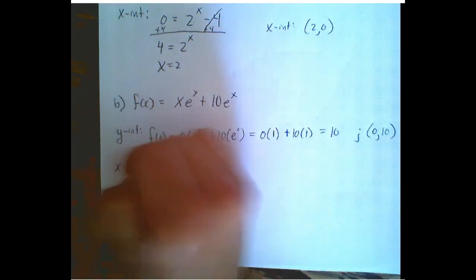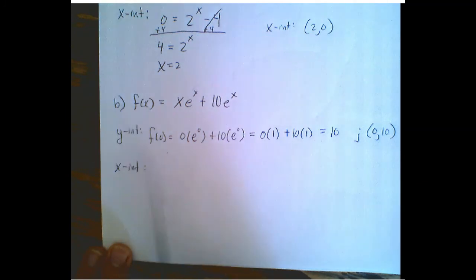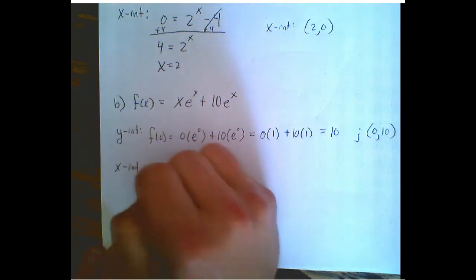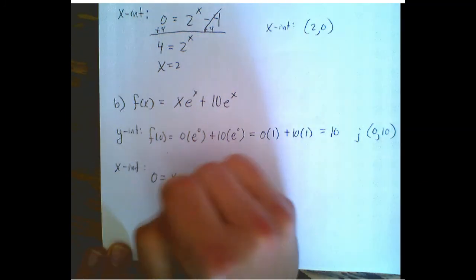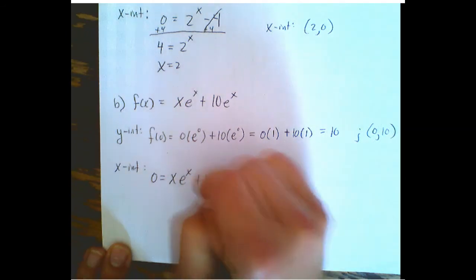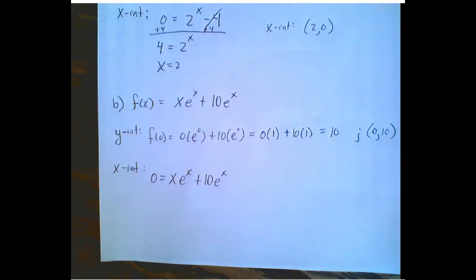Our x-intercept is when f of x is equal to 0. So set the equation equal to 0. With this one, we can't really solve for x explicitly because of these e to the x terms. Whenever we have that, try factoring and see if you get something good.